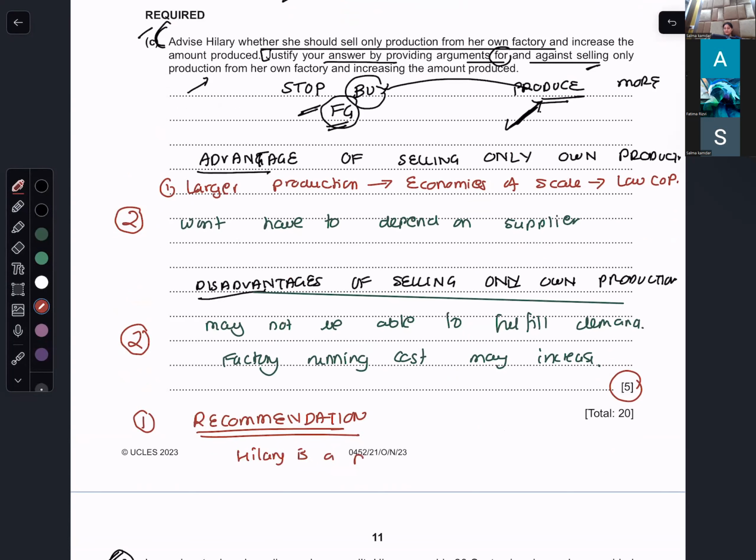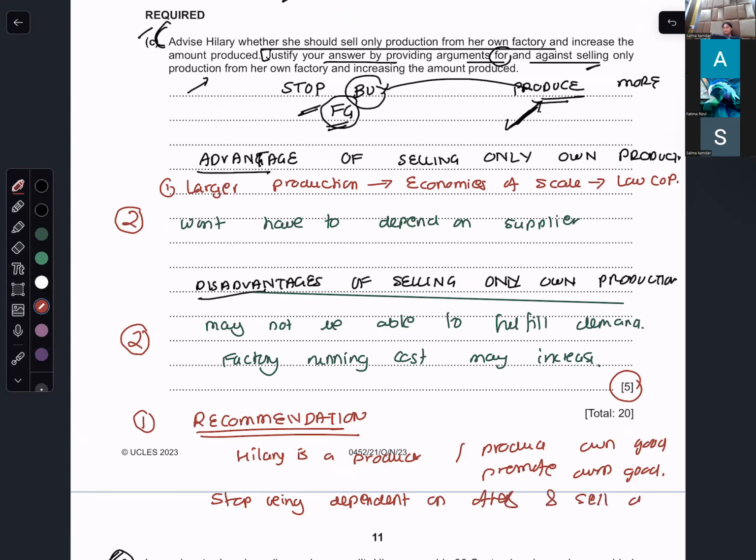Since Hilary is a producer, she should produce her own goods, promote own goods, stop being dependent on others, and she should sell only her own production.